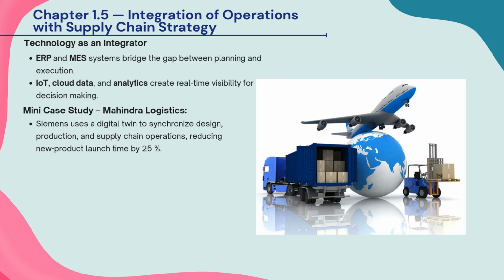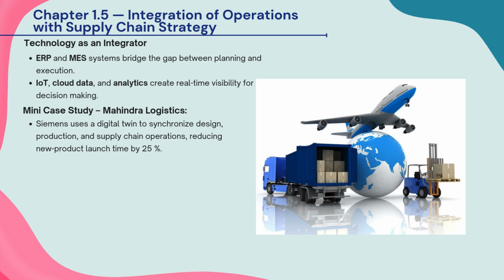Technology acts as a powerful integrator by connecting every layer of operations and the supply chain. Airbnb's systems create a seamless bridge between planning and execution, ensuring that schedules, materials, and shop floor activities stay aligned. IoT, cloud platforms, and advanced analytics bring real-time visibility, allowing faster and more accurate decision-making across production and logistics.